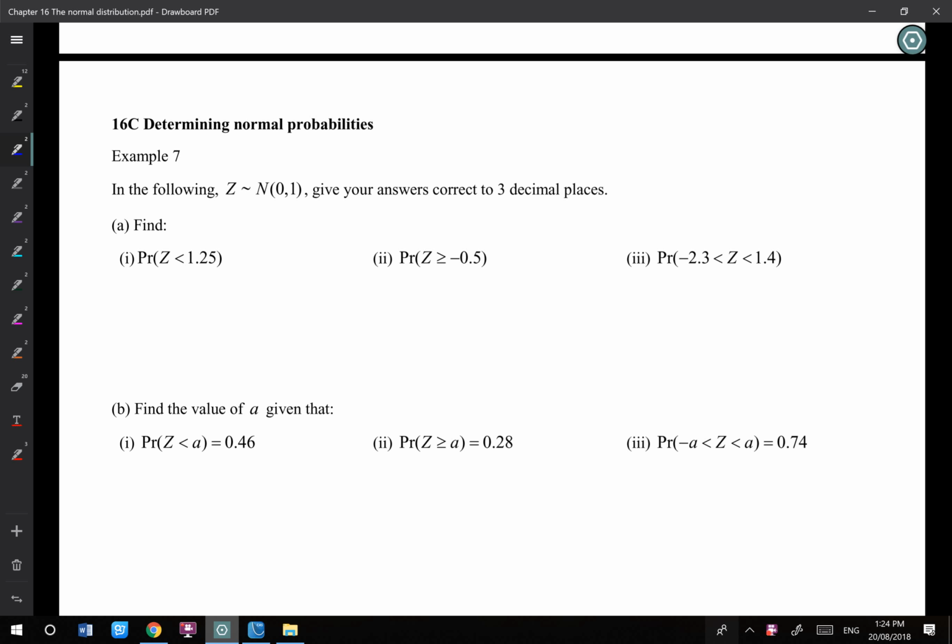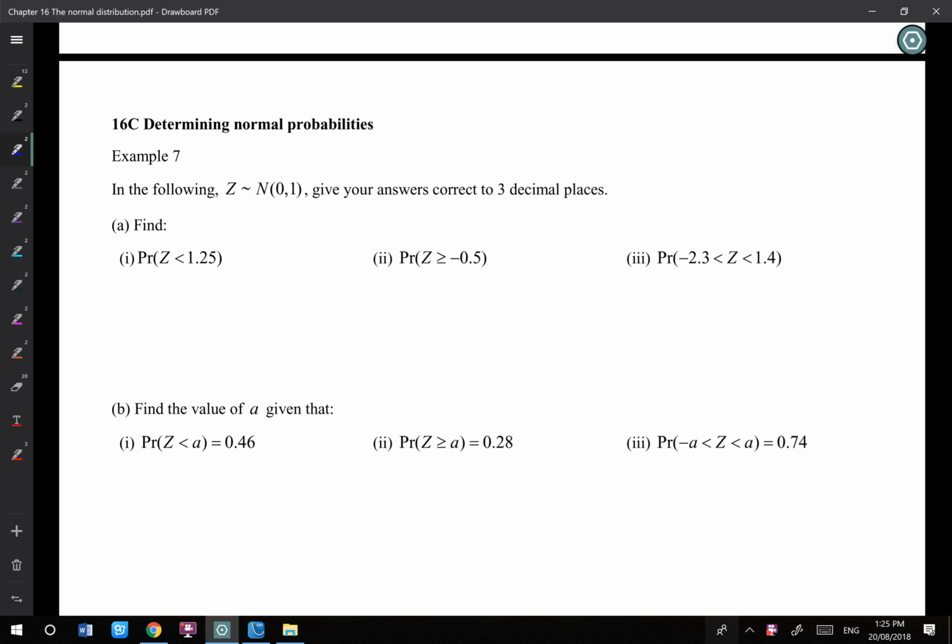Okay. So in the following, Z is a normal distribution, with mu 0 and standard deviation 1. Give your answer correct to 3 decimal places. Okay, Z is less than 1.25. What's the lower bound in this case? What's the lowest value this function can take?